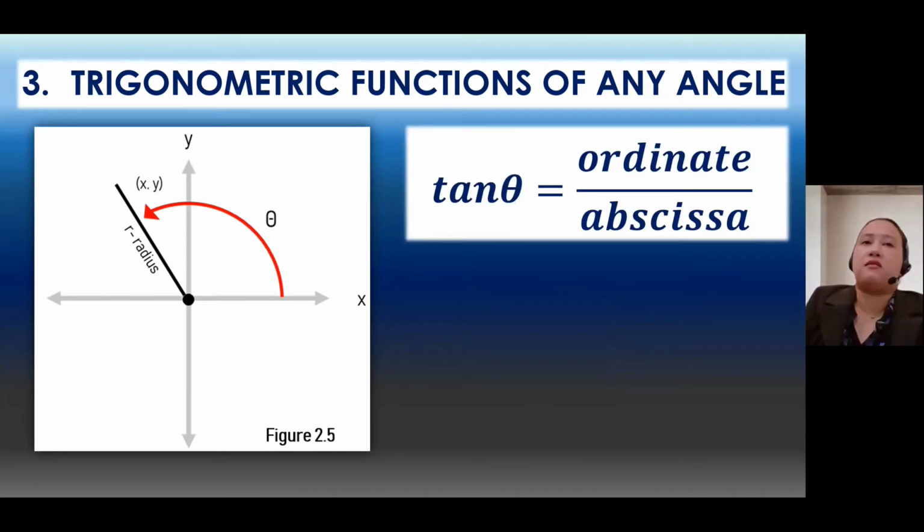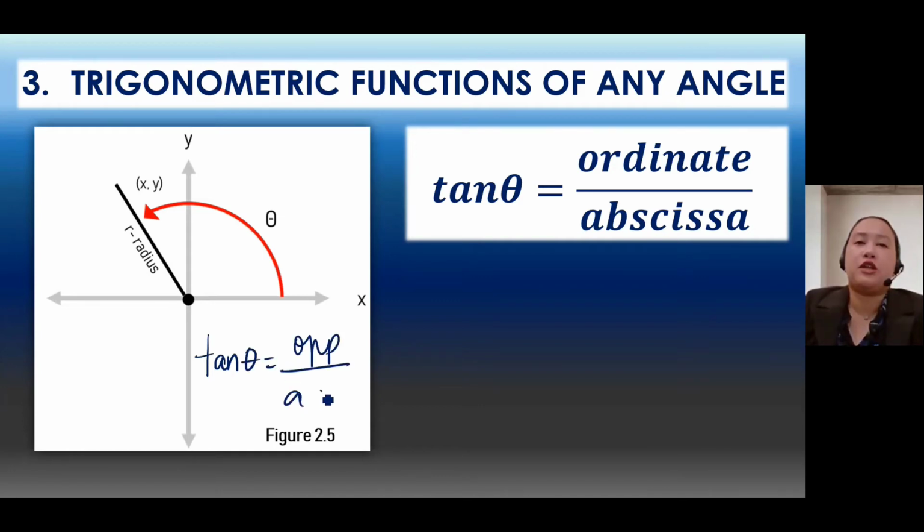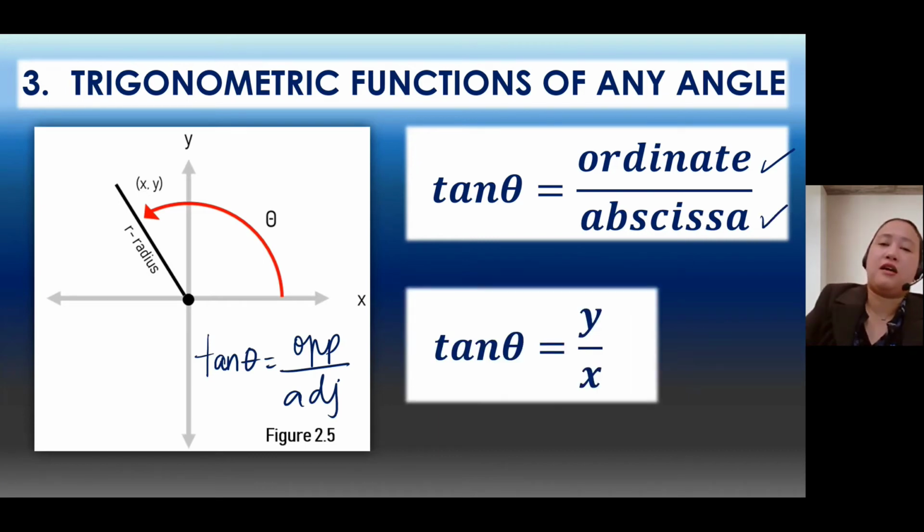For the tangent, based on our discussion last week, tangent theta is opposite over the adjacent. Since the opposite is y, the ordinate, and x is the adjacent, the abscissa, tangent theta is y over x.